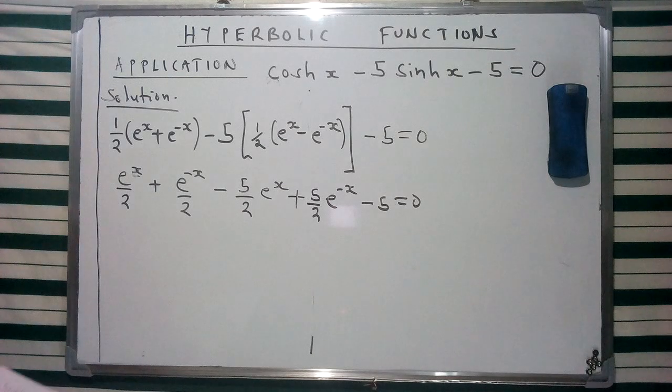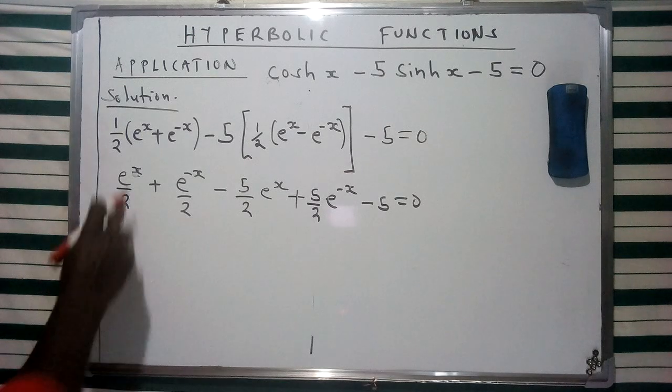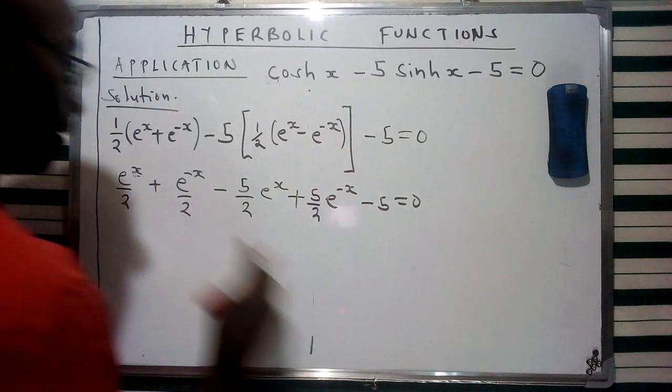Therefore, we're going to remove this fraction, which is a multiplication by 2 in all parts of the equation.